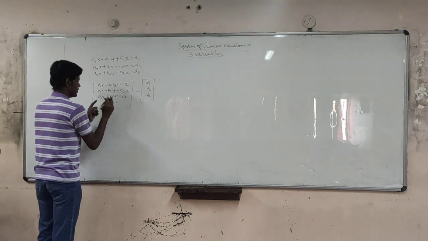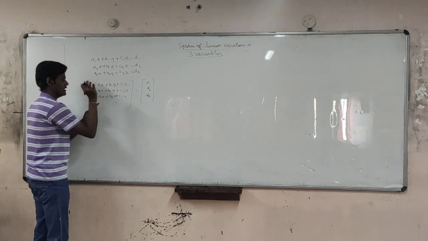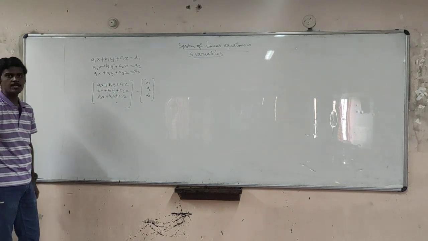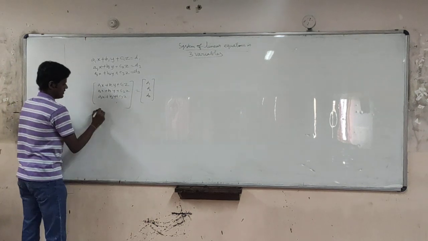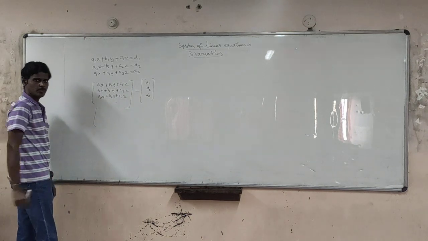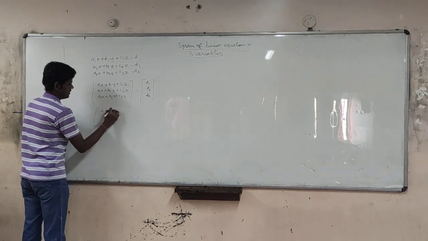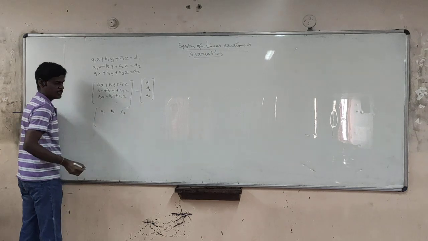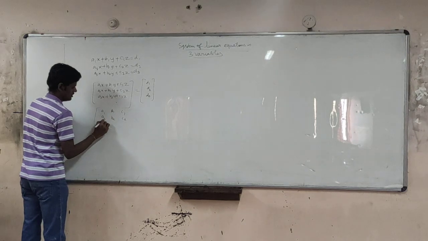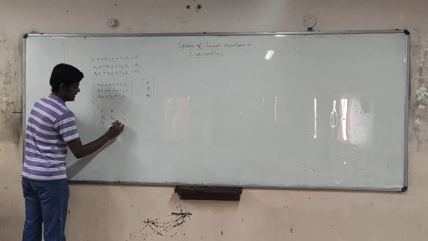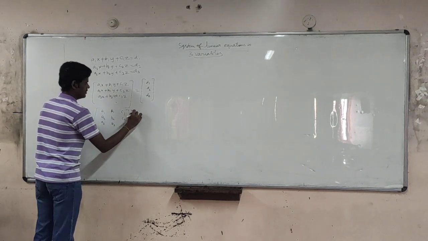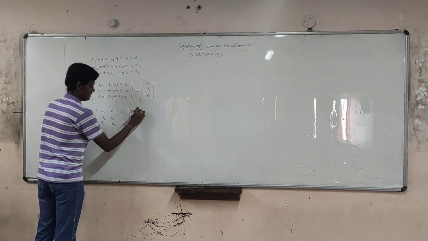Now I am going to split x, y and z and a1, b1, c1 and these coefficients in two matrices. So I am writing this matrix is split into two, a1, b1, c1, a2, b2, c2, a3, b3, c3 into x, y, z.